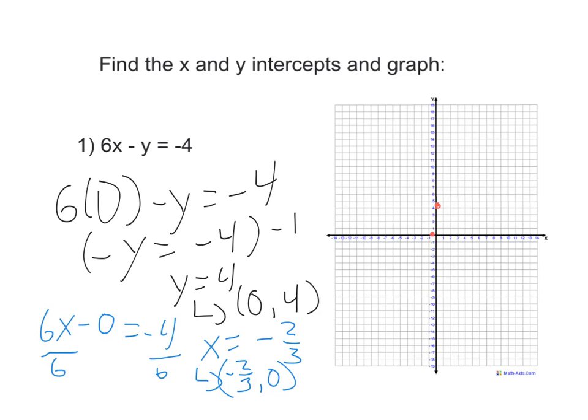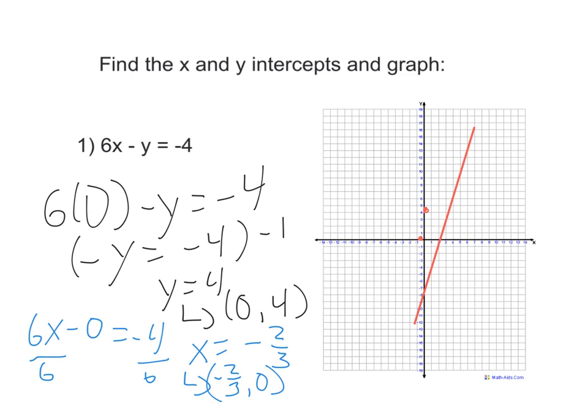Right there. And let's connect these with a nice straight line that we can represent that goes through both points.